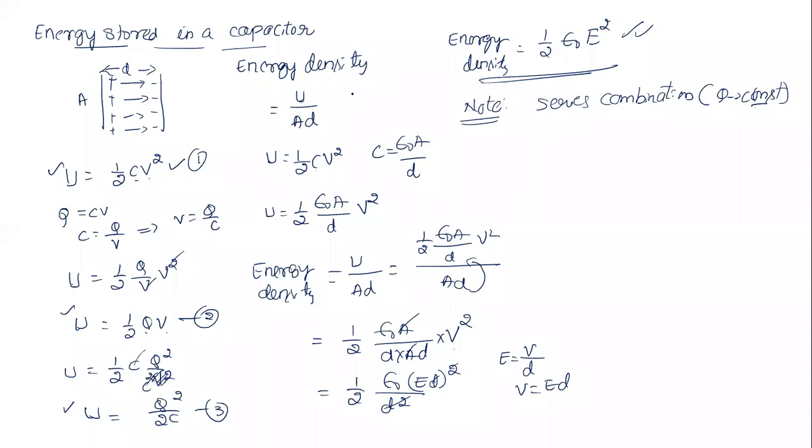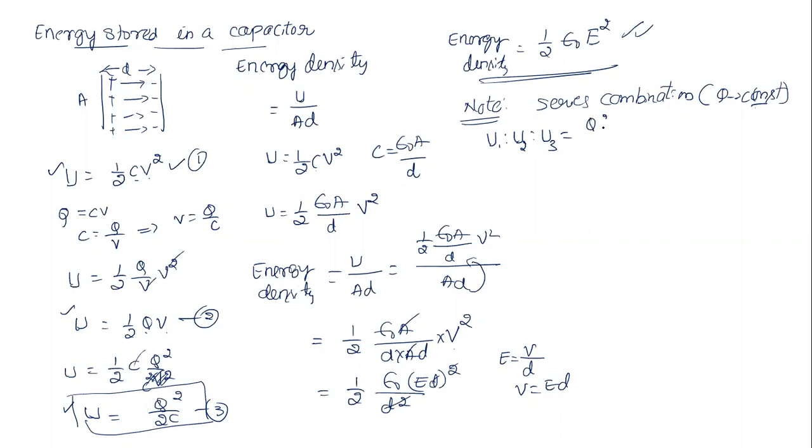So as charge remains constant, energy stored we are going to write using the third formula. So I can say energy stored as ratio U1, ratio U2, ratio U3, and so on. I can take any number.